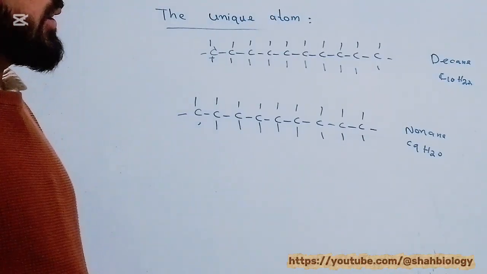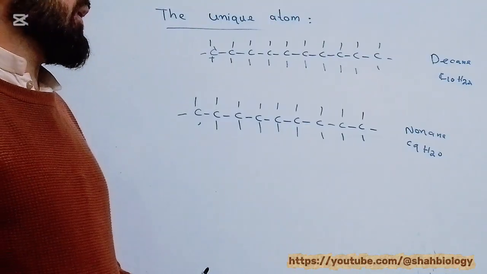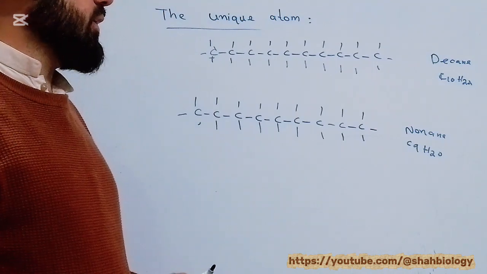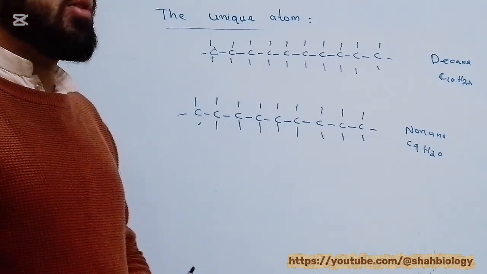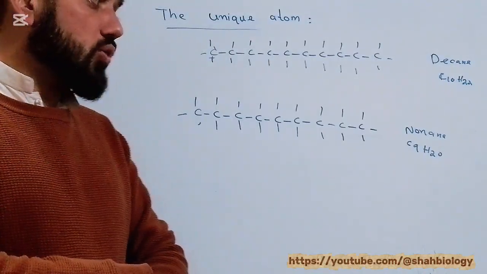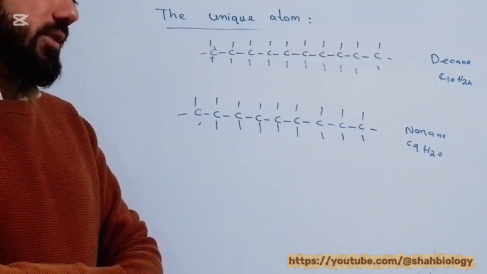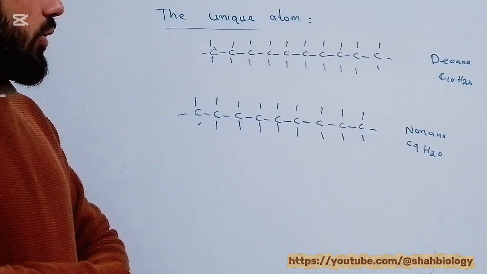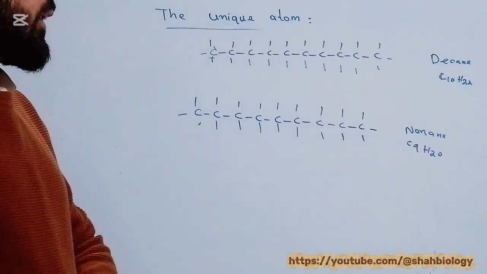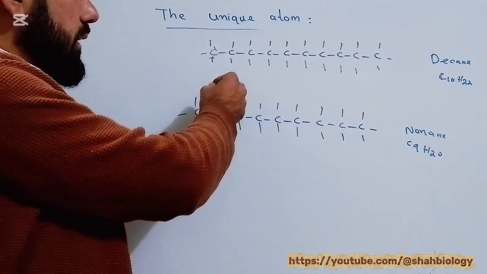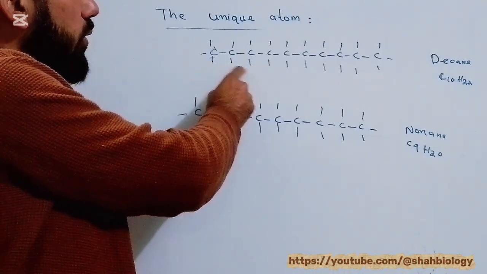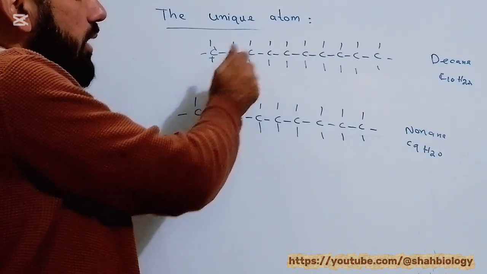In this lecture, we studied and understood why the carbon atom is the element of life, explored real-world applications, and touched upon why they are so crucial to our existence. We have already studied the unique atom and why it is carbon, because carbon can show tetravalency. It can form four bonds in hydrocarbons.